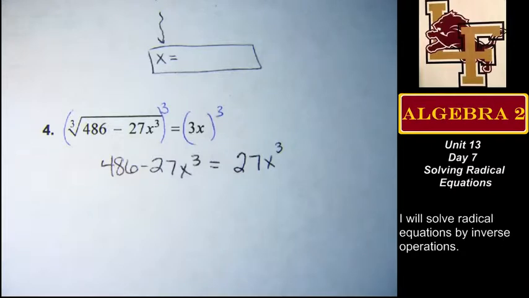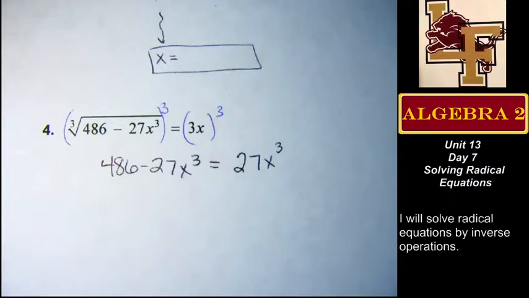I could collect things all to one side so that it's stuff equals 0, and I could check to see if it's a sum or difference of perfect cubes, and then I could factor it. One of the equations would be easy to solve, and the other would be a quadratic that I couldn't factor, and I'd probably have to use completing the square or the quadratic formula.